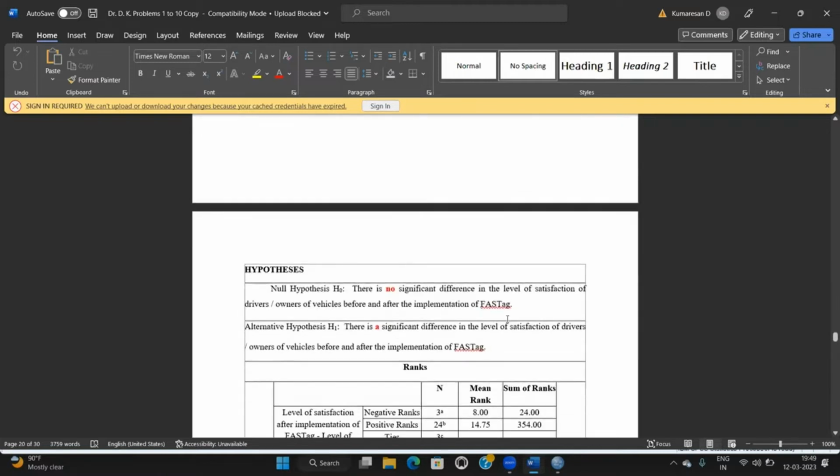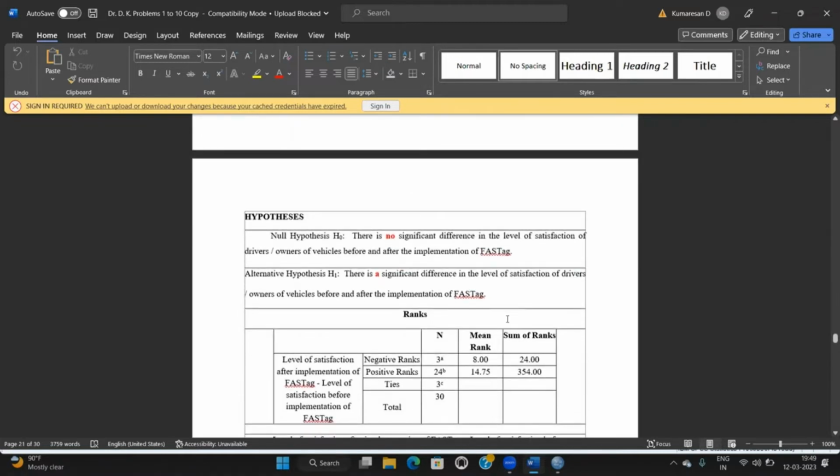So obviously, the null hypothesis: there is no significant difference in the level of satisfaction of drivers or owners of vehicles before and after implementation of FASTag. Alternative hypothesis: there is a significant difference in the level of satisfaction of drivers or owners of the vehicles before and after implementation of FASTag.